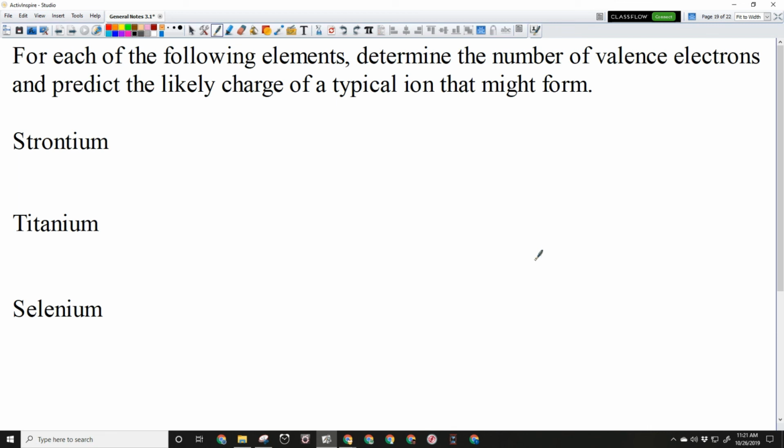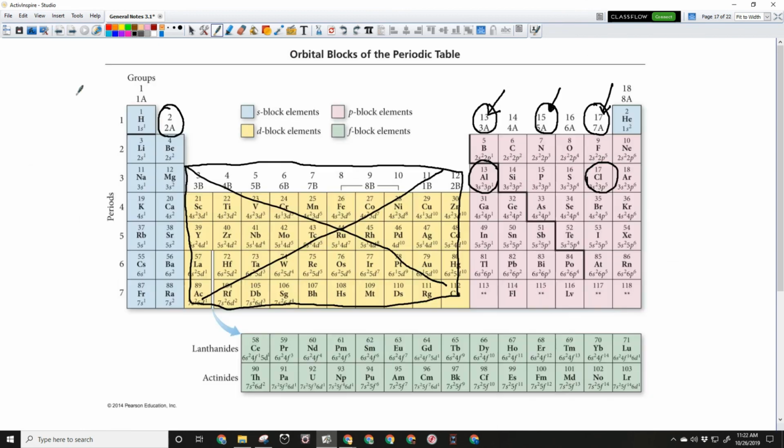All right, so for each of the following elements, determine the number of valence electrons and predict the likely charge of a typical ion that might form. So we're looking at strontium. Strontium is right here. Strontium has 2 valence electrons.